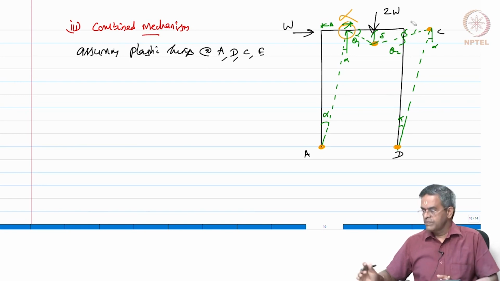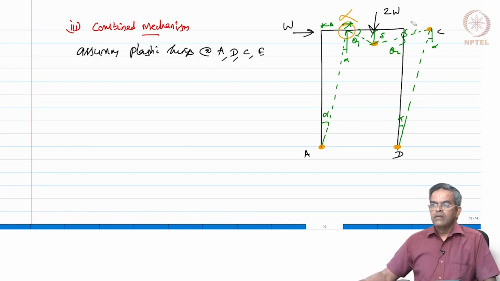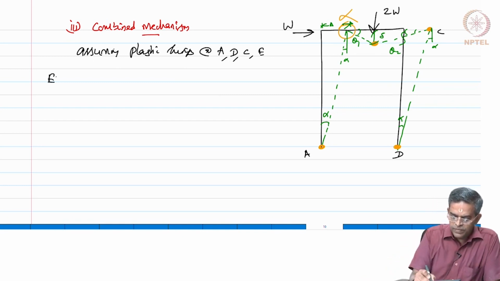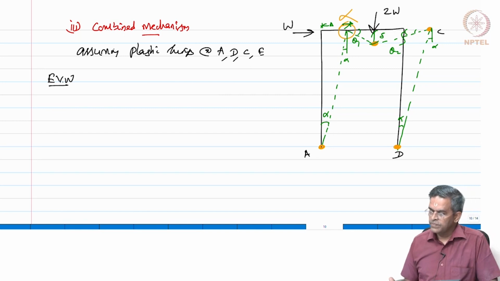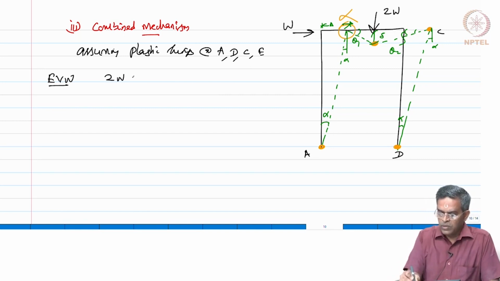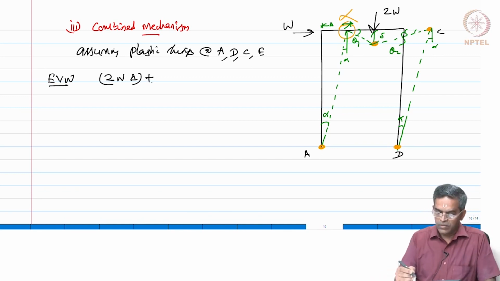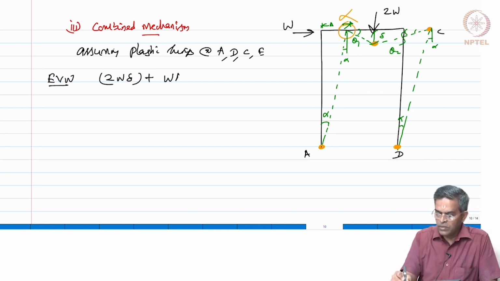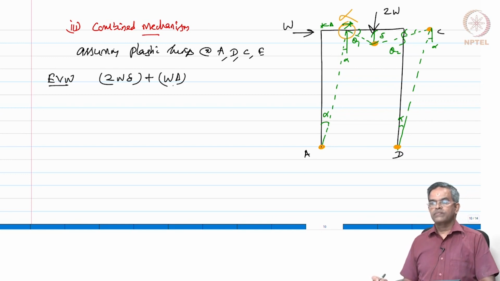Let us write down the external virtual work. The external virtual work will be 2W into del, that is by the vertical load, plus W into delta, that is the horizontal load.